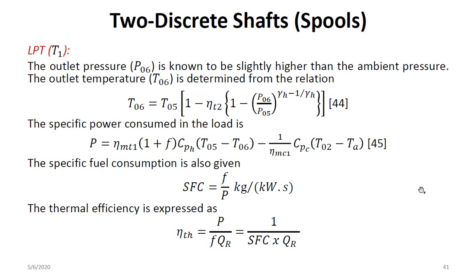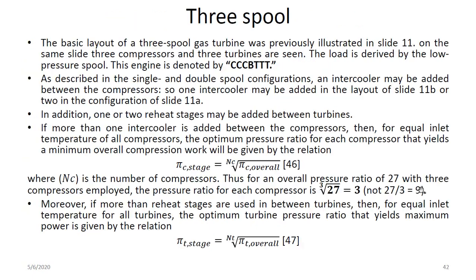So the specific power that will be available to drive the load will be the total power that this turbine will generate minus the power that is consumed by the first compressor. That's why in this equation 45, you've not seen anything to do with turbine 2, because turbine 2 is primarily there to drive the second compressor. And the fuel consumption and efficiency is exactly as before.